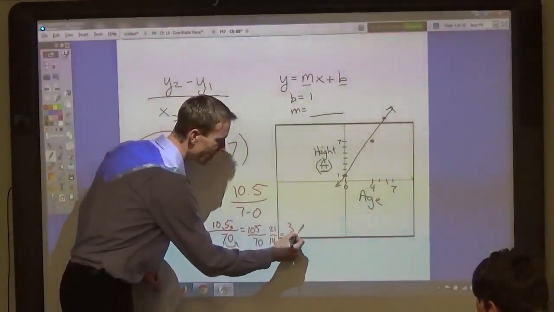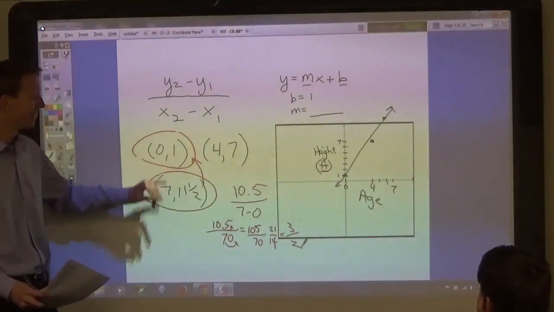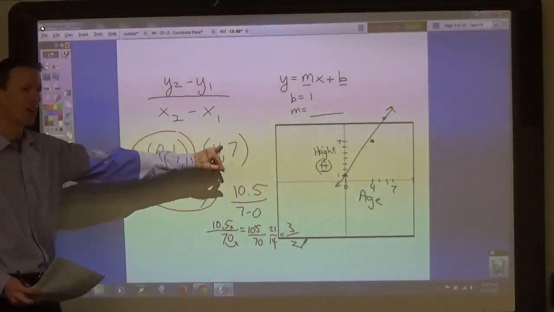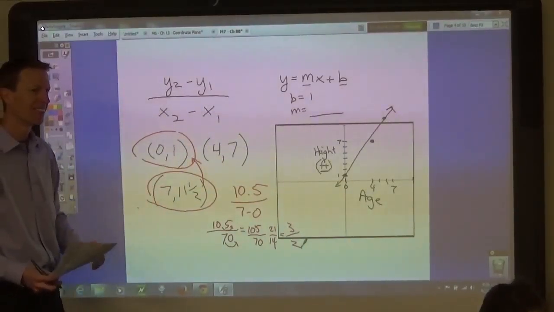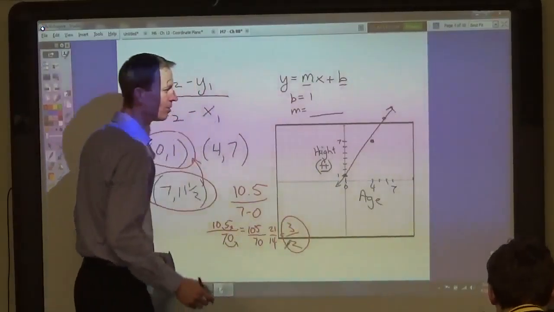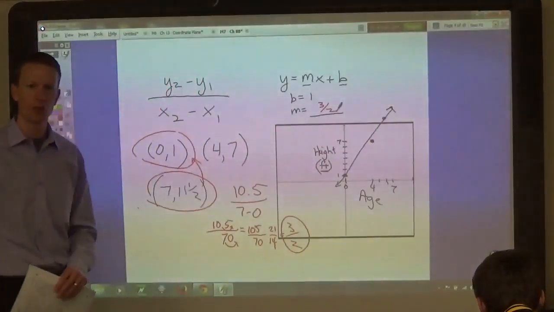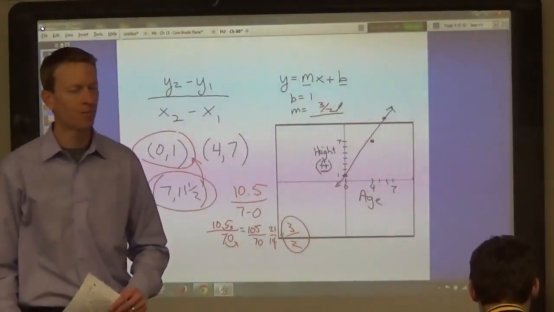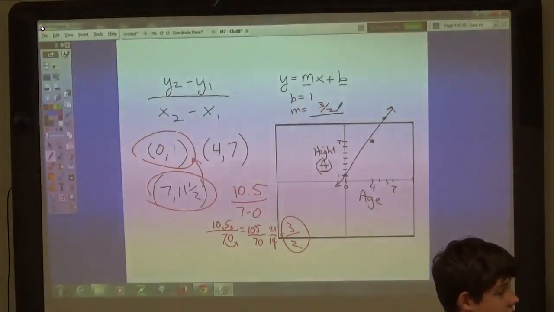I did the other one, I got 2 over 3. But did you do y over x? This is the slope, isn't it? So use those two numbers to write your equation. Okay? Thank you.